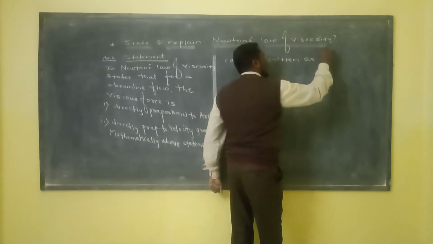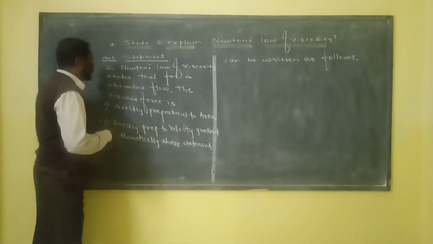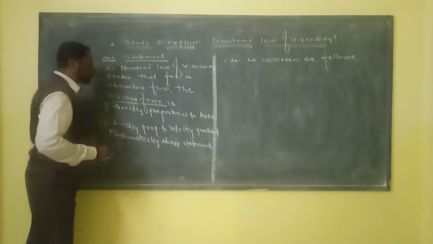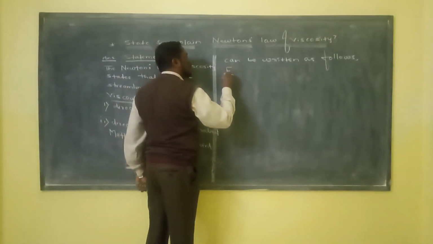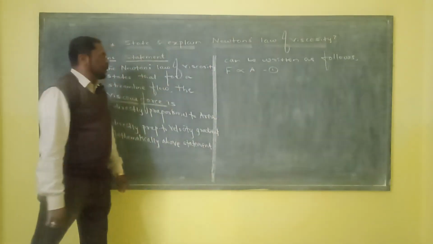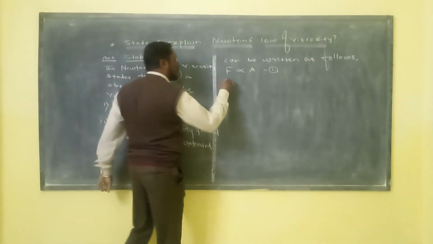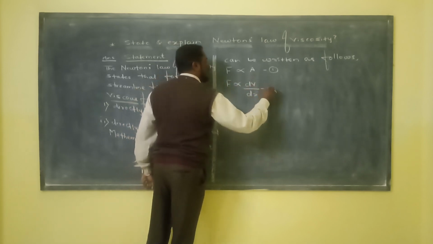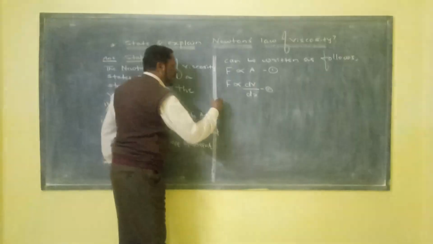The first point, the viscous force F is directly proportional to area A, equation number 1. Again, the viscous force is directly proportional to velocity gradient, that is F is directly proportional to dV by dx, nothing but velocity gradient, equation 2. Okay, combining equations 1 and 2.